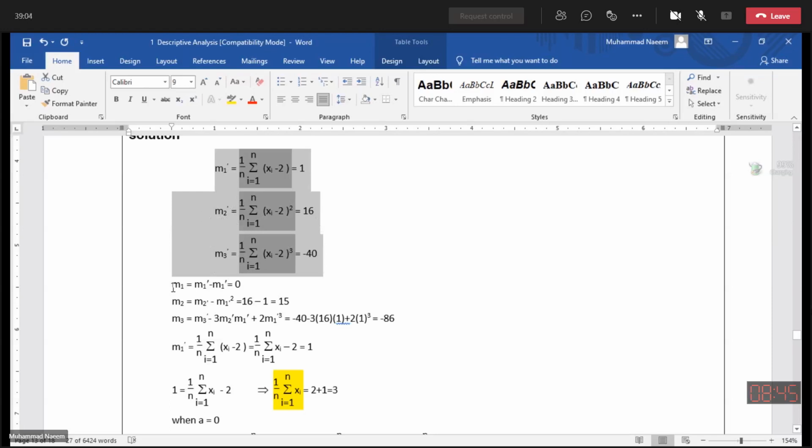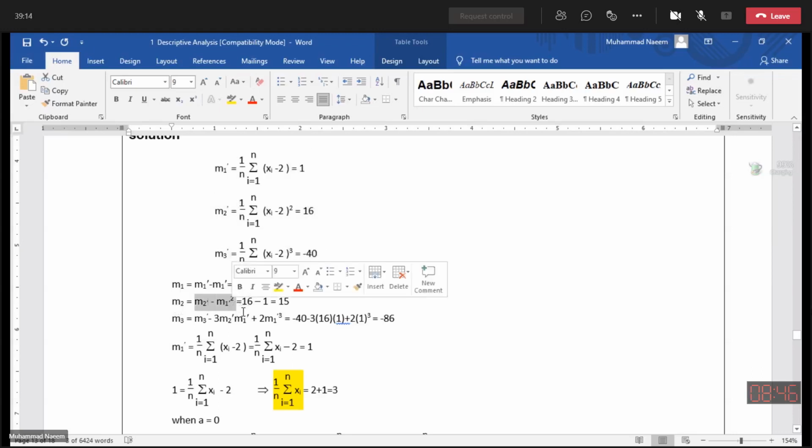These prime moments. First moment about mean is always 0. Second moment about mean is given with this relation. M2 prime is 16, M1 prime is 1. So 16 minus 1 square, we have 15.